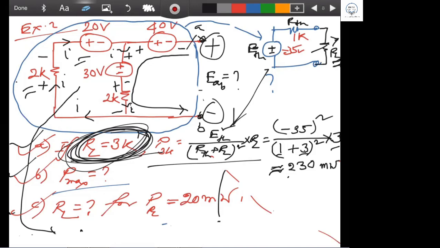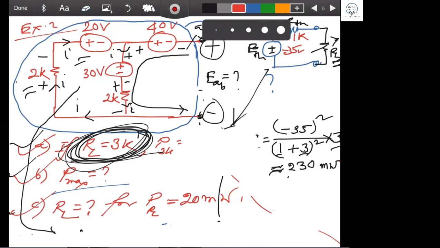Now, the answer for this case is 230 milliwatt. Do you understand it? Yes, sir. I think you should not be confused. So the answer for the first one is 230 milliwatt.